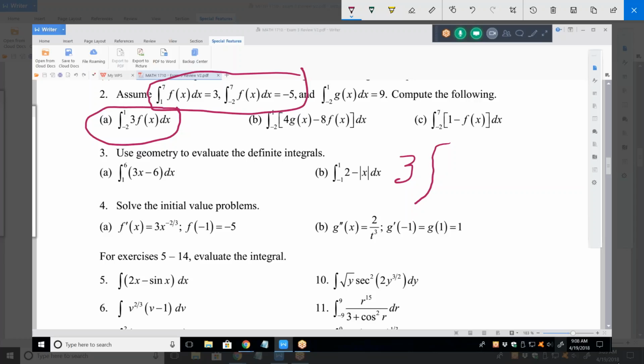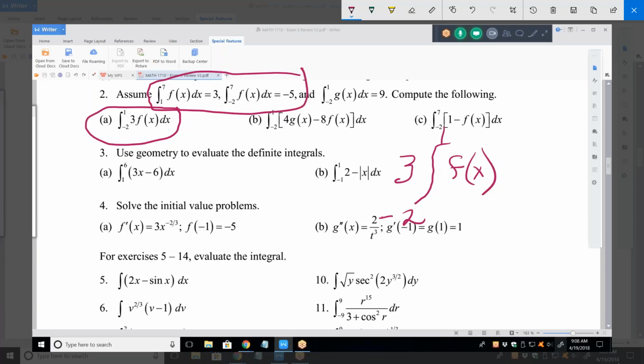Oh, the difference between the bottoms is -2 to 1. So don't you subtract them? Yes. In other words, what is the integral from -2 to 1 of f of x?